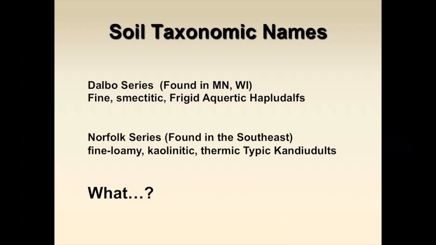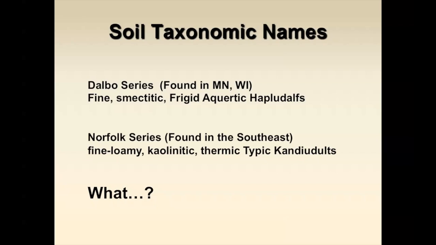So if you look at that, it's like, what are they saying? The Norfolk series, which we find down in this part of the world, all the way up the coast to Virginia, is a fine loamy, kaolinitic, thermic typic kandiudult. So again, it's what kind of crazy naming is this?